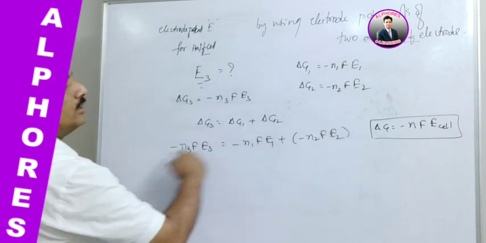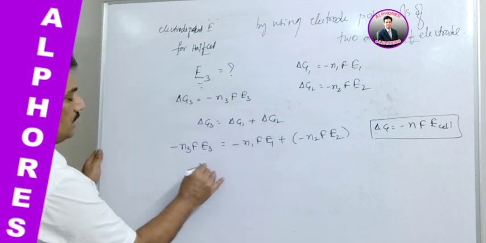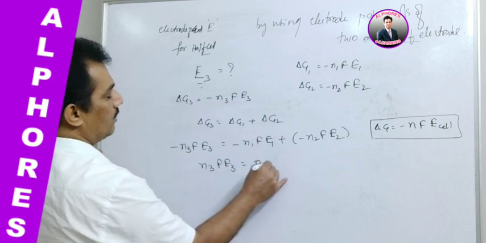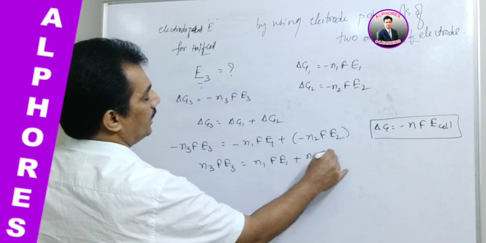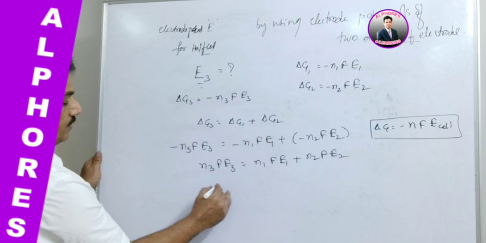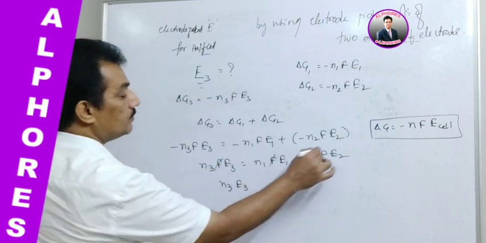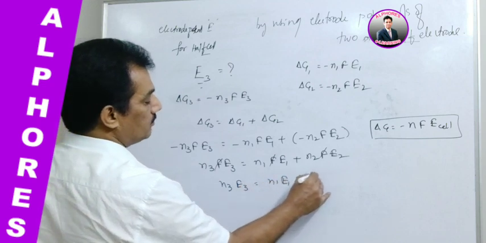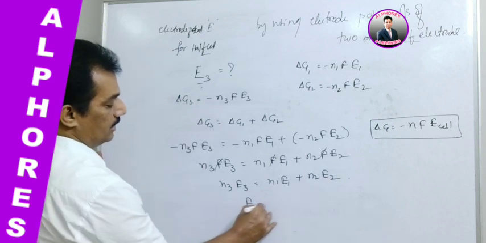In such a case, when we multiply on both sides with minus, we get n3 F E3 is equal to n1 F E1 plus n2 F E2, and F is a common factor. Thereby n3 E3 is equal to n1 E1 plus n2 E2, and now we require E3.